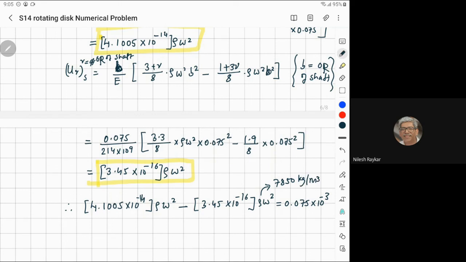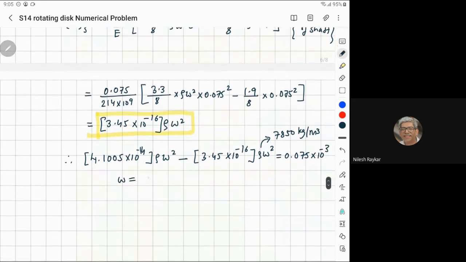If you solve for omega, you will get the value of omega as 484.7 radians per second. If you multiply this by 60 by 2 pi, you will get the answer in RPM.